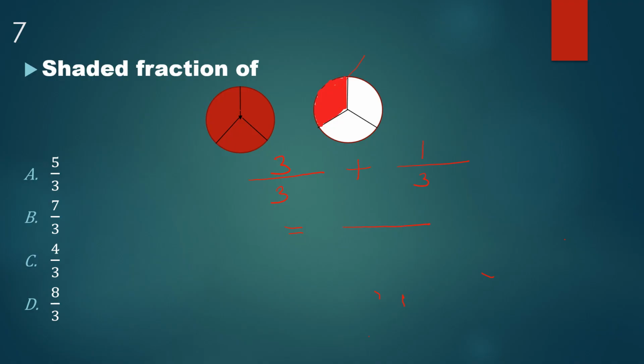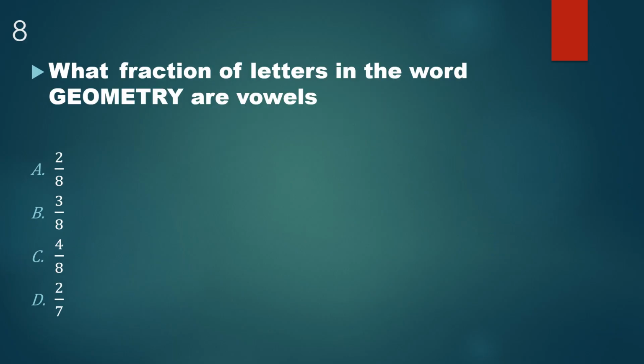On both sides the denominator is equal, 3, so we write the denominator the same and the numerator as 3 plus 1. So we get the answer 4 by 3. So 4 by 3 is the shaded fraction. Option C is your correct answer.